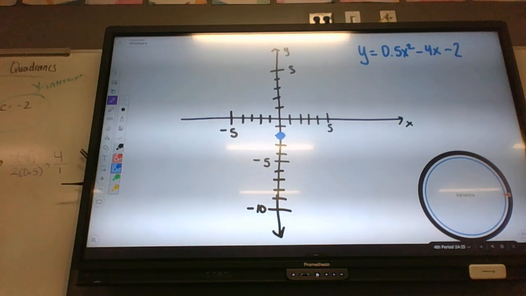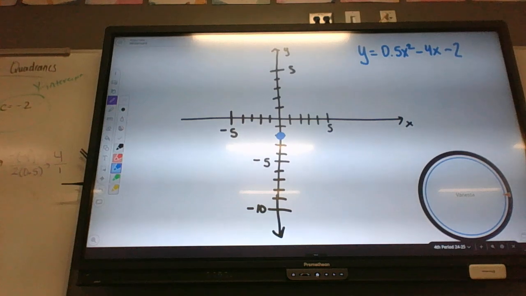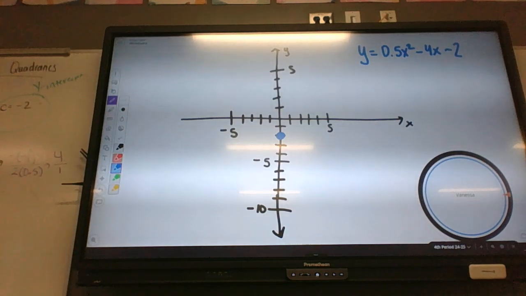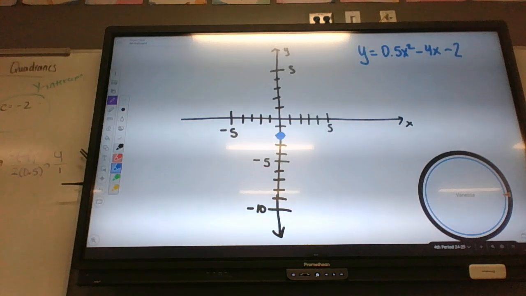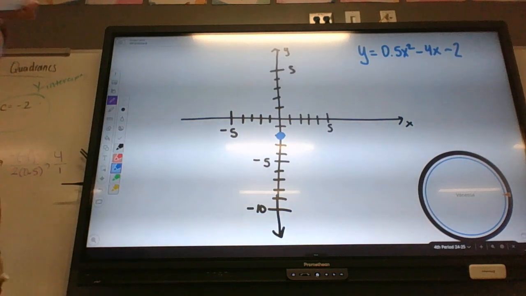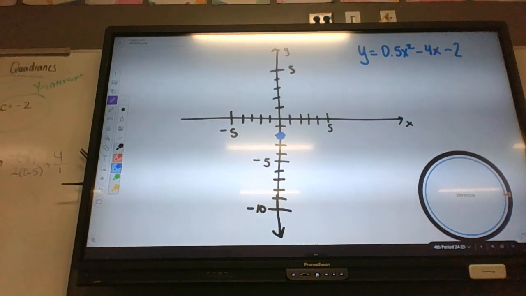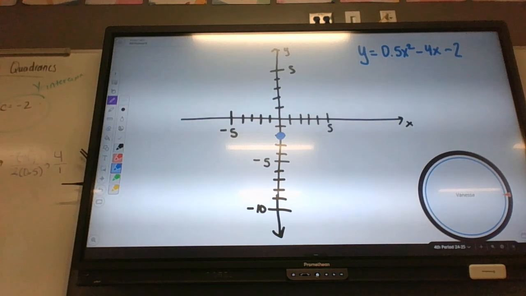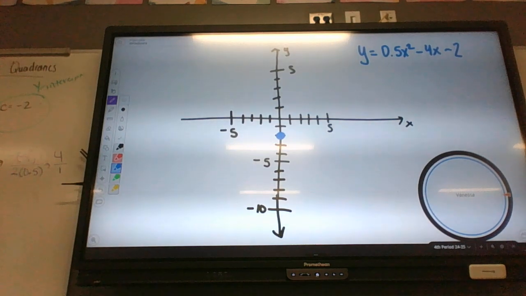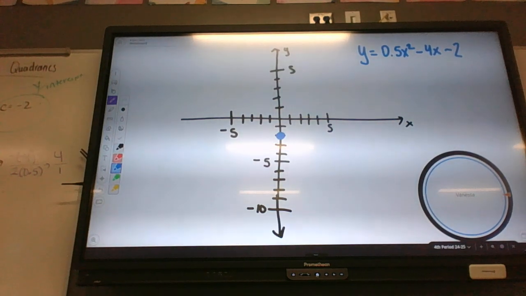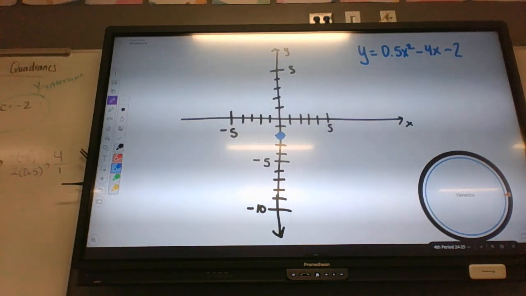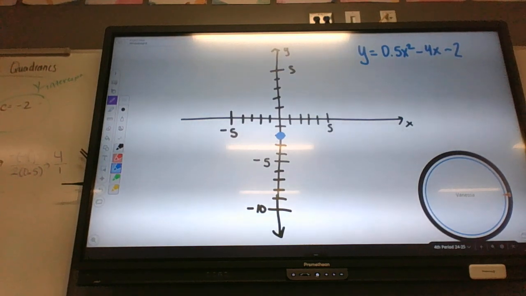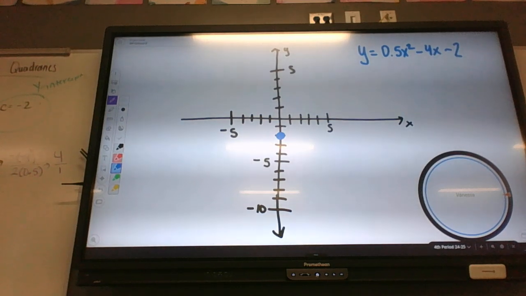Hey, are you with me? All these steps are on this paper I gave out yesterday. There's a video and slow.